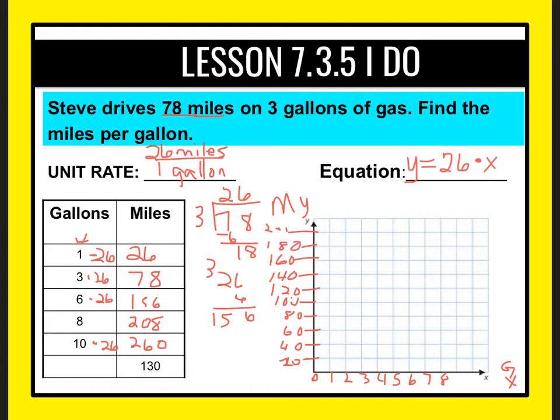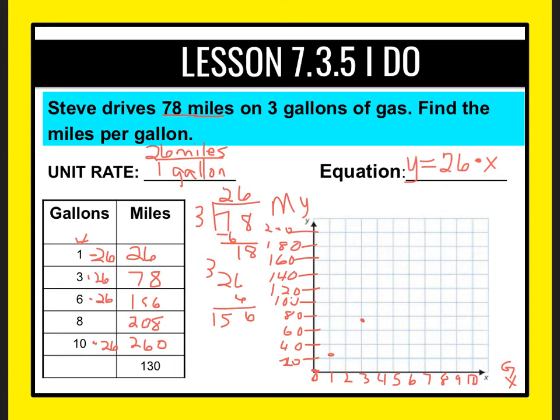Okay, so there's my miles, right? And my gallons. So if I go ahead and multiply, right? I know that at 0 gallons of gas, it's 0 miles. At 1, it was 26, so I'm going to be somewhere around right there. At 3, it was 78, so that's a little closer to 80.